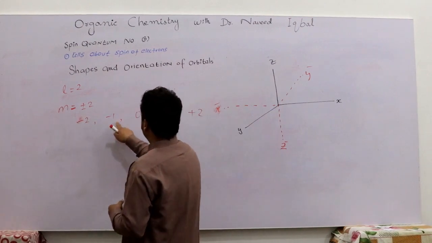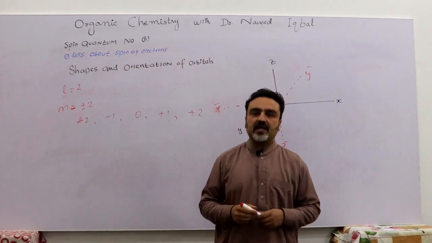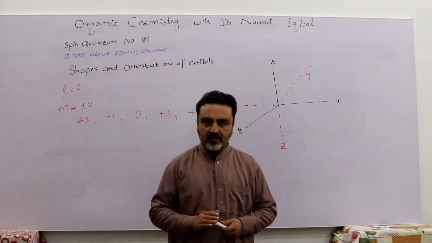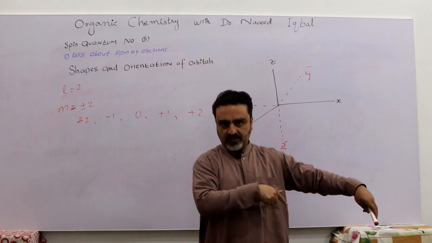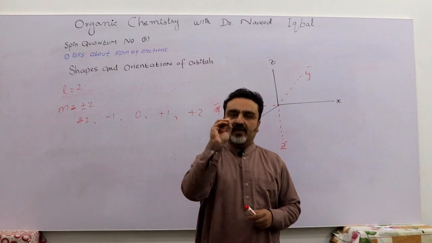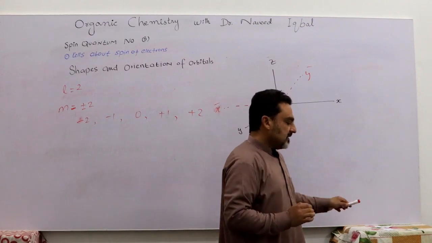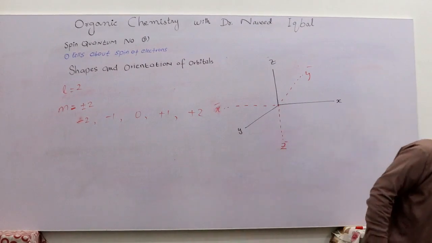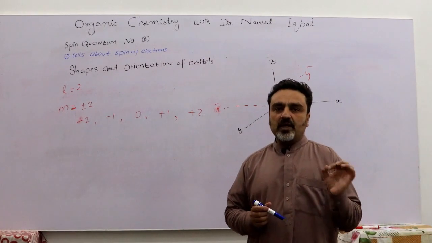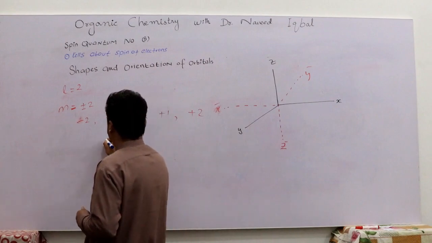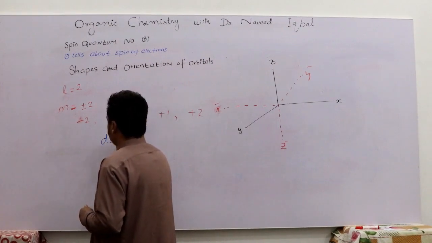So 1, 2, 3, 4, 5. There are 5 compartments present for electrons, and they are arranged in 5 different ways. Among these d orbitals, the dz squared orbital is the simplest type.